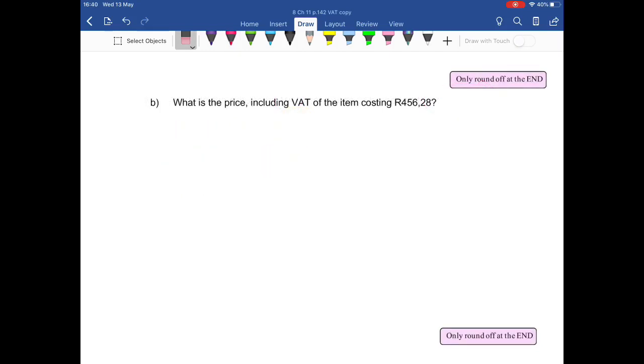So part B, we're going to look at the same question, but from a different point of view. What is the price including VAT? So in other words, we have to find the final price, including VAT of that item.